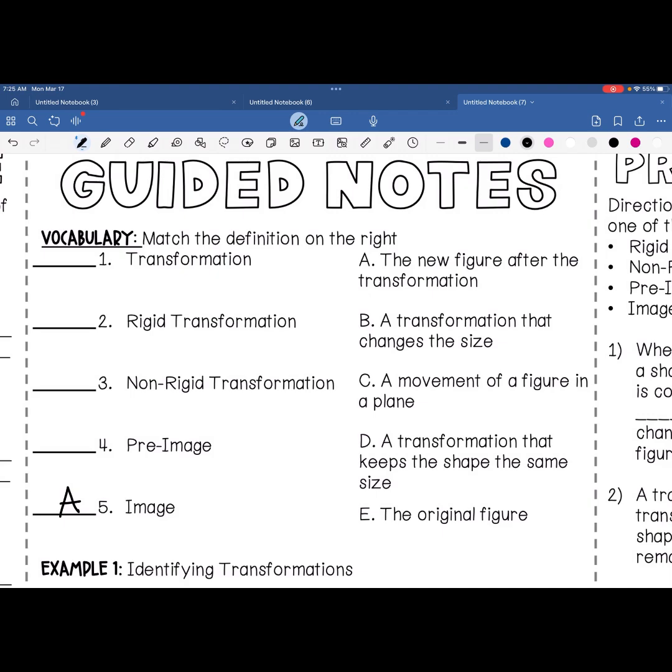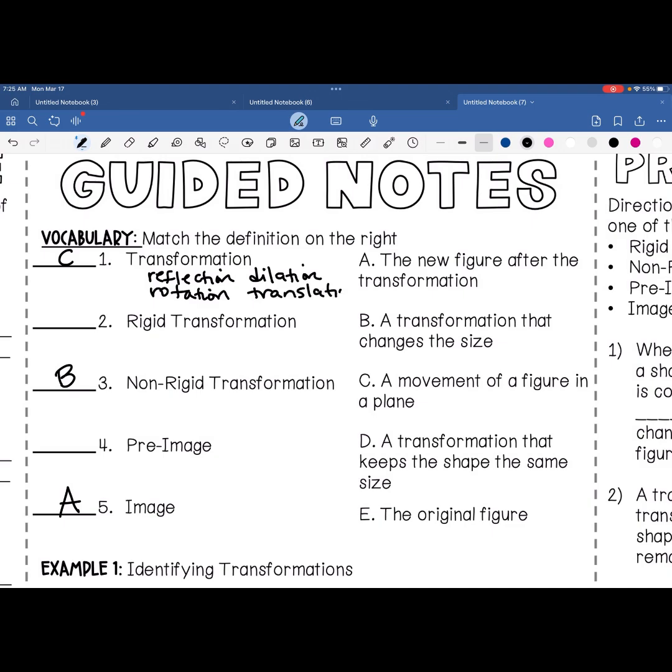Dilations change the size, but any transformation that changes a size is called a non-rigid transformation. And that just basically means that it's changing size. A movement of a figure in a plane is called a transformation. So remember all of those, right? We had reflection, we had rotation, we had dilation and translation.